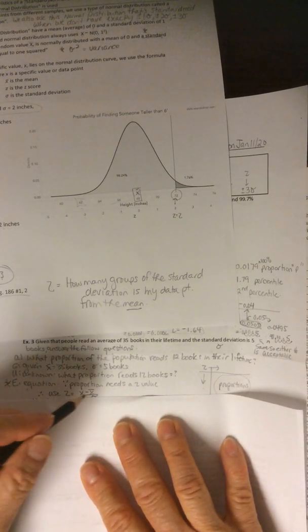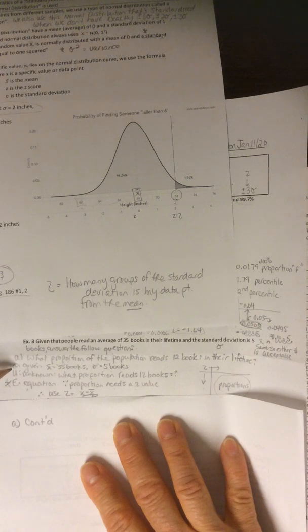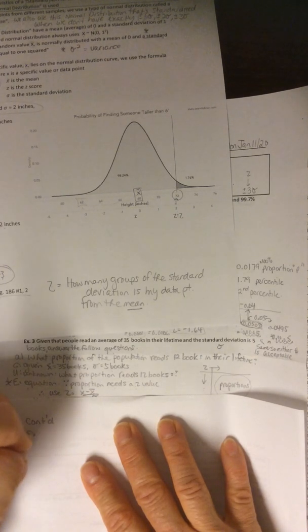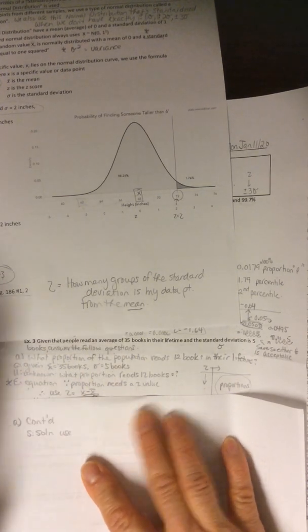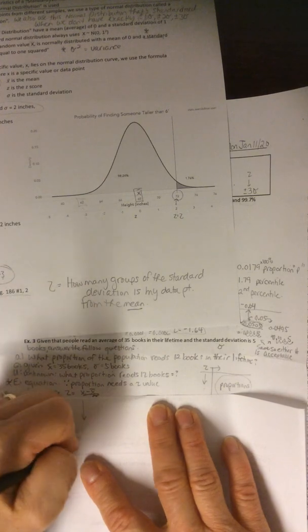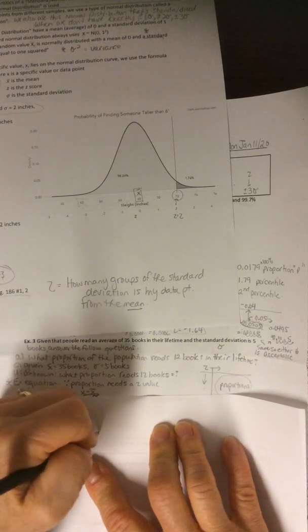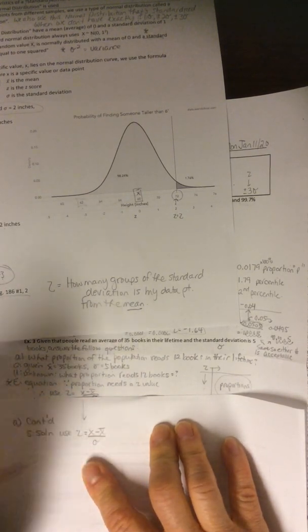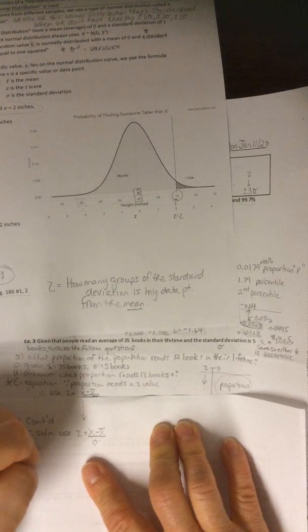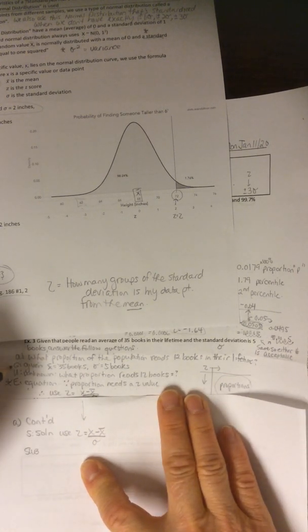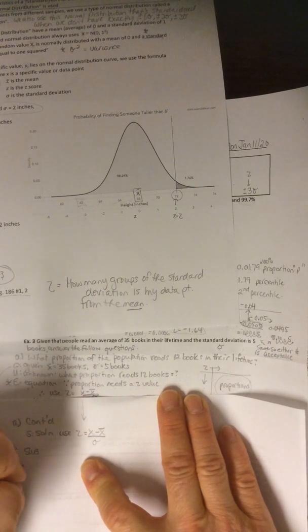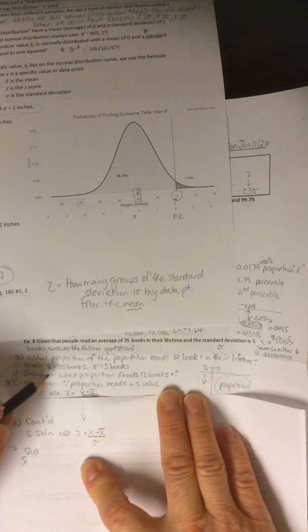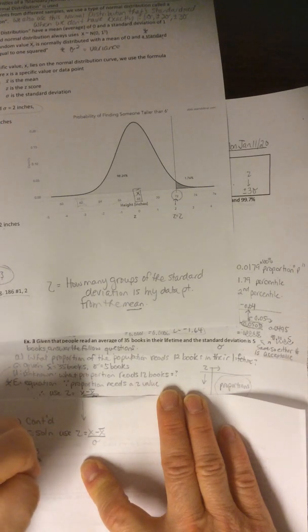If we're going to use this formula, after I spell GUESS with G-U-E, the next one is S. S is the solution. I'm going to use the equation Z is equal to X minus the mean divided by the standard deviation, and I'm going to sub all of the values that I've been given. I've been given a mean of 35 books.